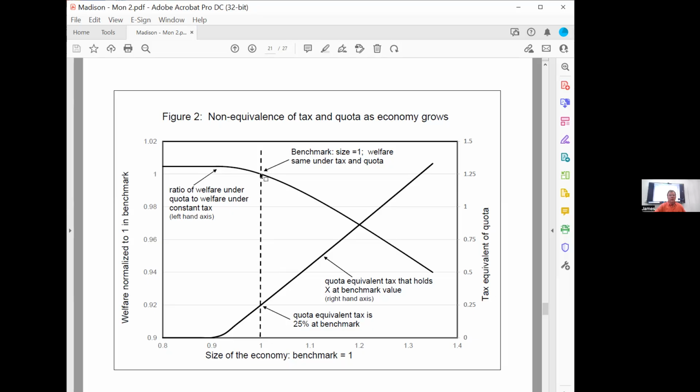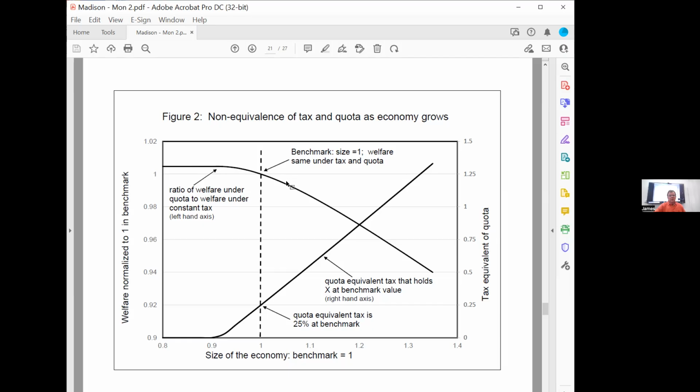And so the welfare, which is the curve that's sloping downward, is equal to 1. The quota, the tax that enforces the quota is the same as the actual tax rate in the tax scenario. So welfare is the same under both the tariff and tax and the quota.